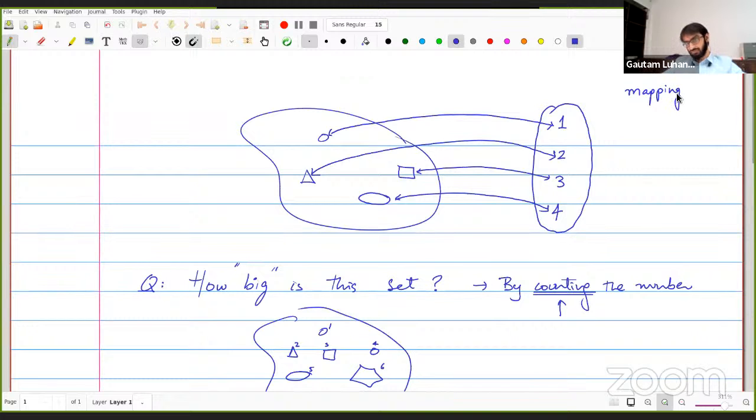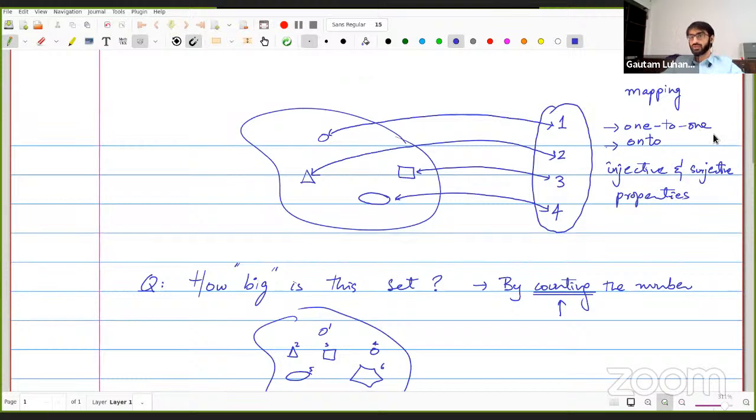And there are two properties of this mapping. This mapping is one-to-one, right? I expect you have some idea of this notion of a function being one-to-one, or a mapping being one-to-one. And this idea of it being onto. These are called the injective and surjective properties, right?